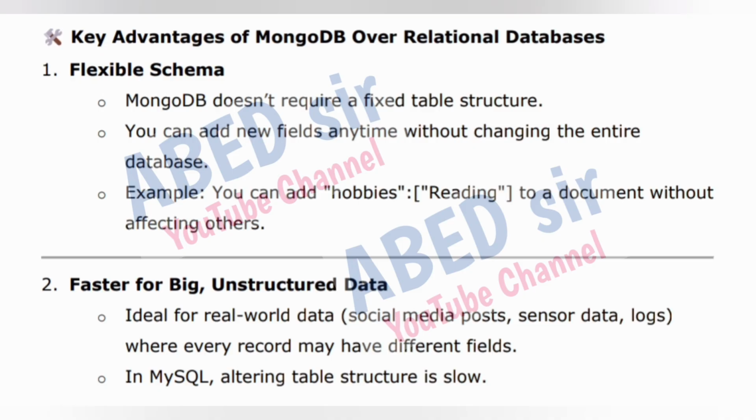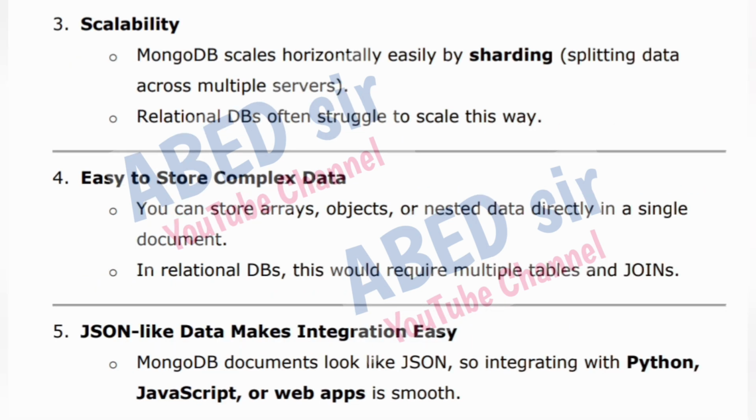2. Faster for big, unstructured data. Ideal for real-world data, social media posts, sensor data, logs, where every record may have different fields. In MySQL, altering table structure is slow. 3. Scalability.